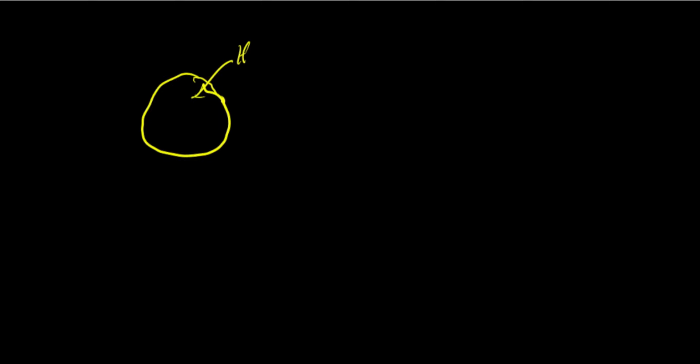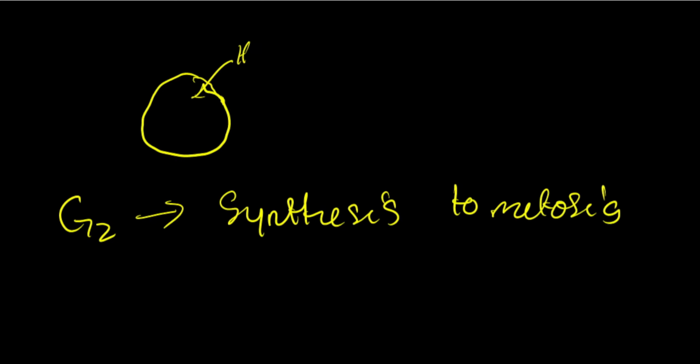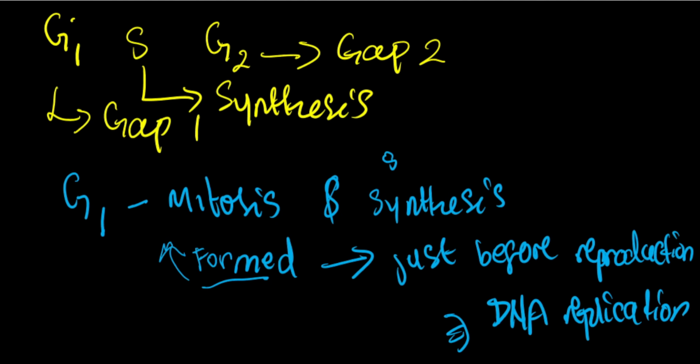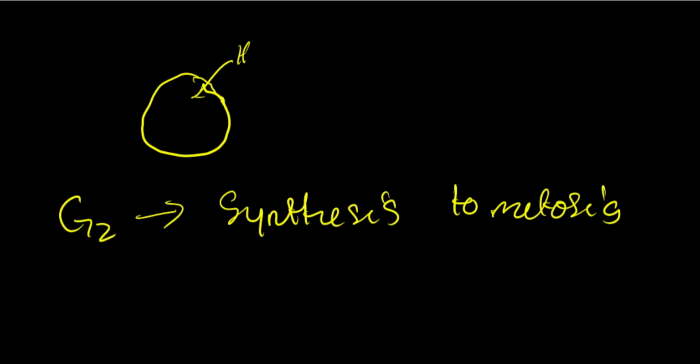And then of course we have the gap 2 phase. The gap 2 phase is the interval from synthesis to mitosis. Remember, we considered the gap 1 phase as the interval from mitosis to synthesis. Now the gap 2 phase is the interval from synthesis to mitosis. So what we have is the DNA replication, which is associated with synthesis.